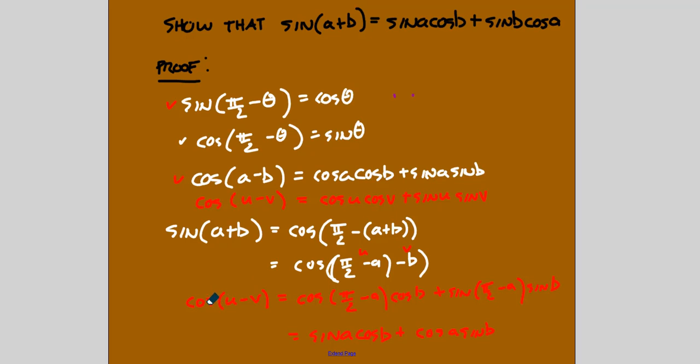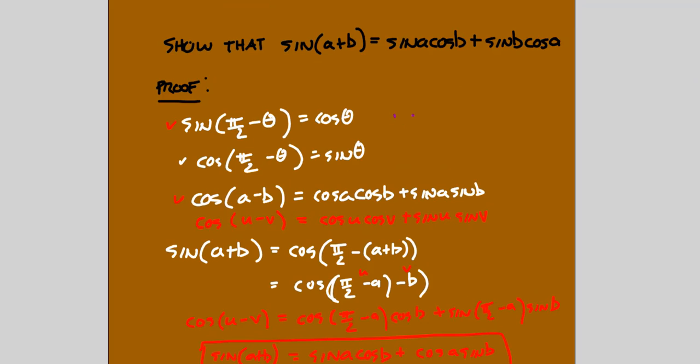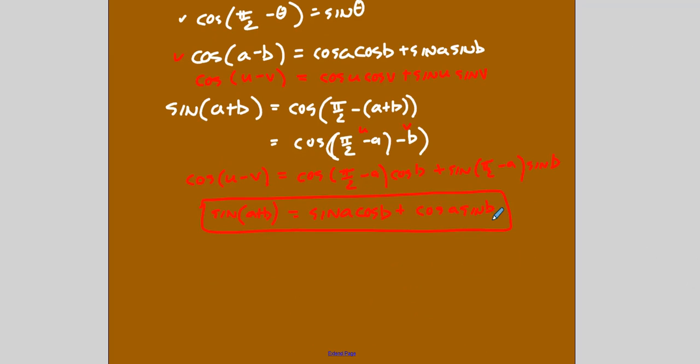Cosine of u minus v, from right here, is equal to sine of a plus b, which gives us our final result for what we were trying to accomplish in this video. To make it look like what I have up here, I'm just going to reverse these.